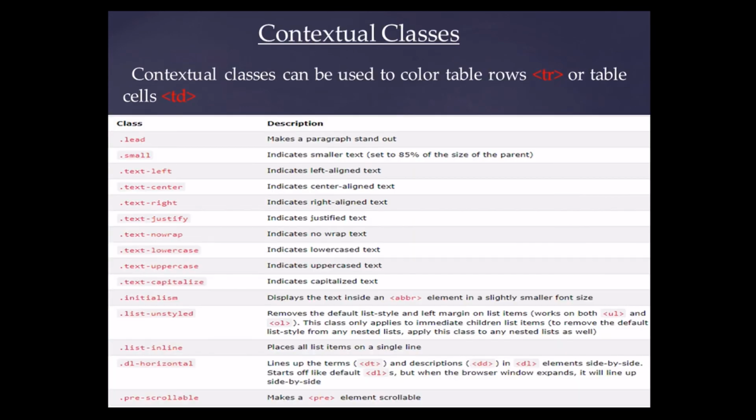Contextual classes can be used to color table rows (TR) or table cells (TD). So this is another table that displays the classes that can be used in contextual classes in Bootstrap and its description.